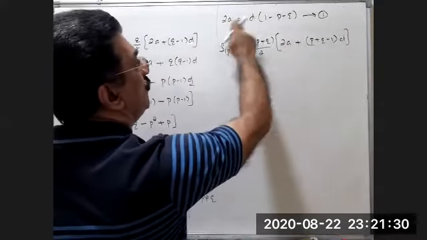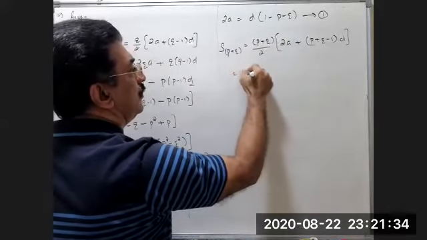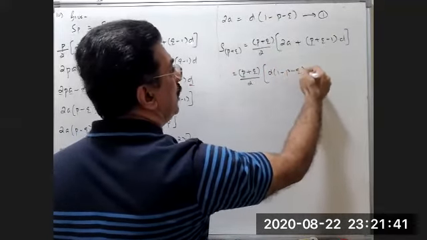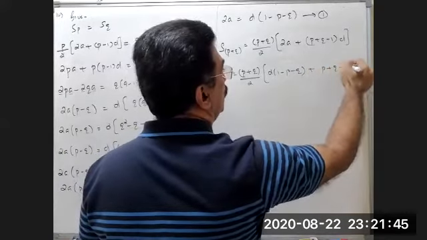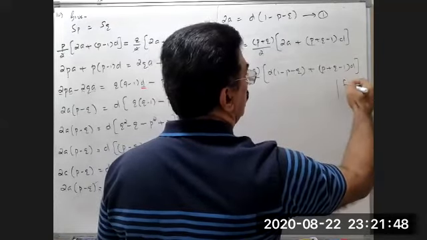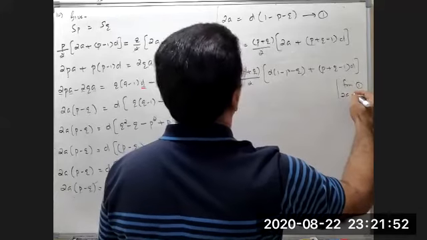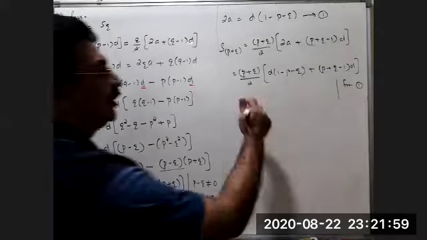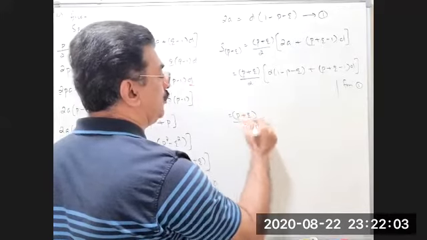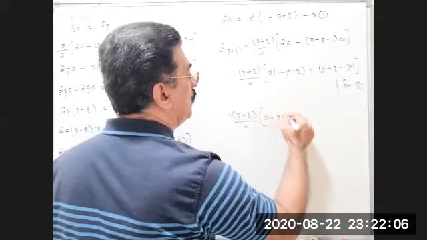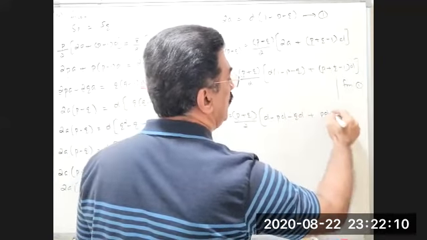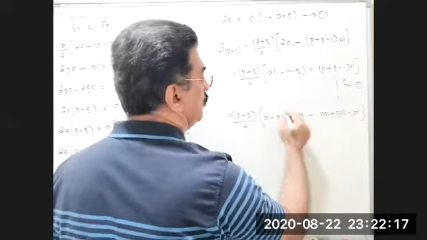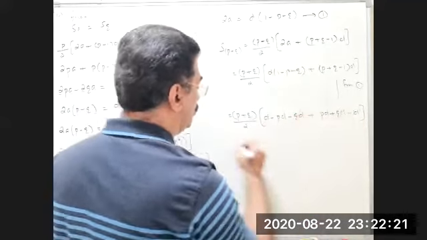Again, from 1, we know the value of 2a. So this is P plus Q by 2, the value of 2a is D into 1 minus P minus Q, plus P plus Q minus 1 into D. Simplified, P plus Q by 2, opening bracket D minus PD minus QD plus PD plus QD minus D. Minus D plus D goes, minus PD plus PD goes, this goes.